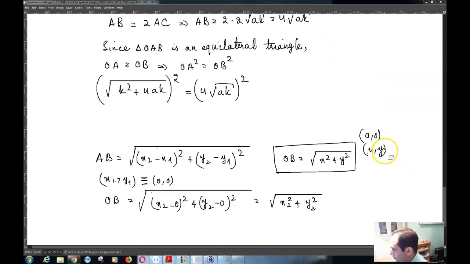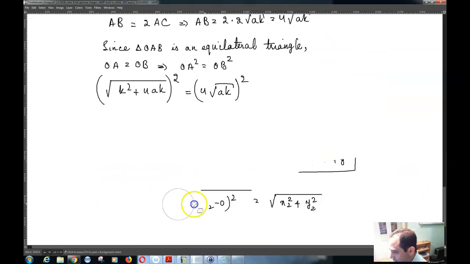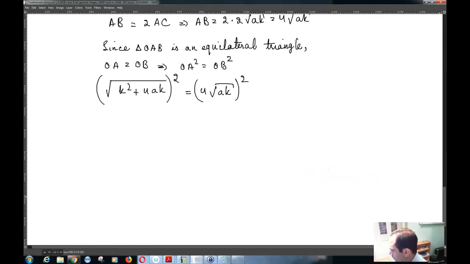So now I'm going to square both sides of this equation.